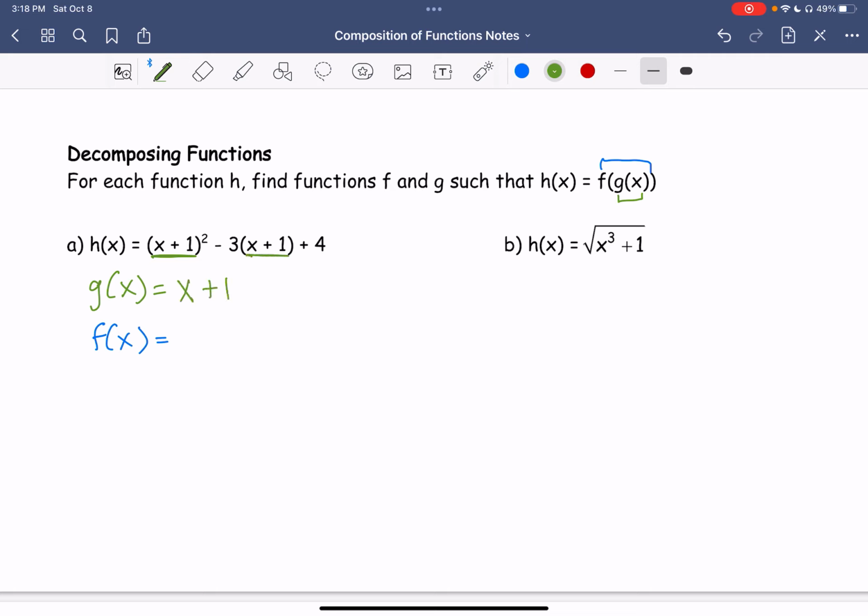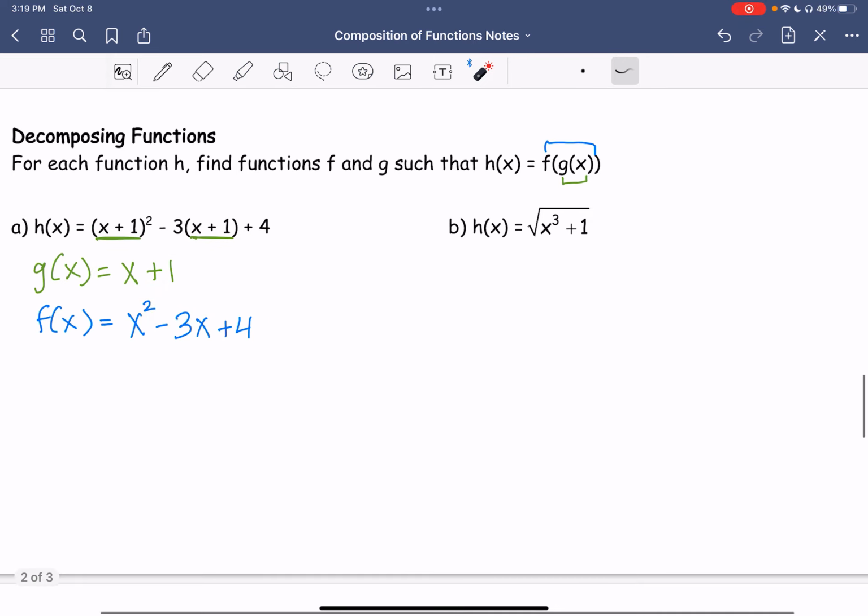So that could be the value of g of x. And if that is what we plugged in, then the original function would be x squared minus 3x plus 4. Because remember that g of x is where you plug into the x values. So that's how we could get this. Okay, so it's just basically you're taking them apart. So this one was pretty easy to see because it had the parentheses.